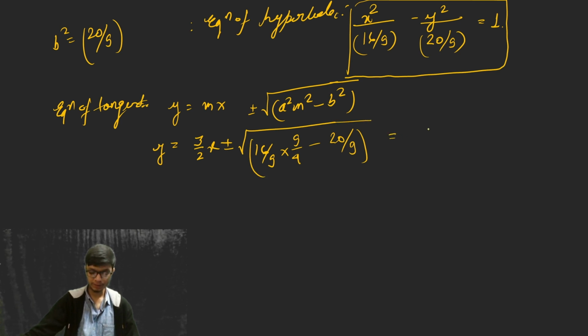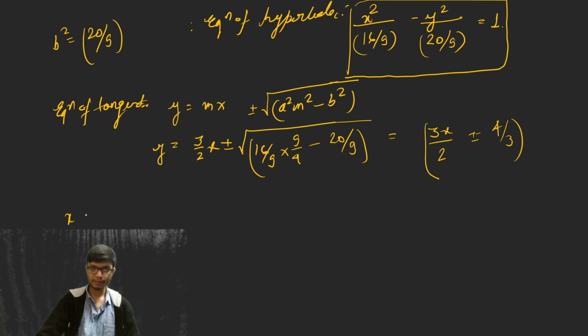So from here you will get the equation as 3x by 2 plus minus. If you solve this, the 9 gets cancelled, and 16 by 4 minus 20 by 9 minus basically 16 by 9, and this will come out as 4 by 3. So you got the equation of the tangent.